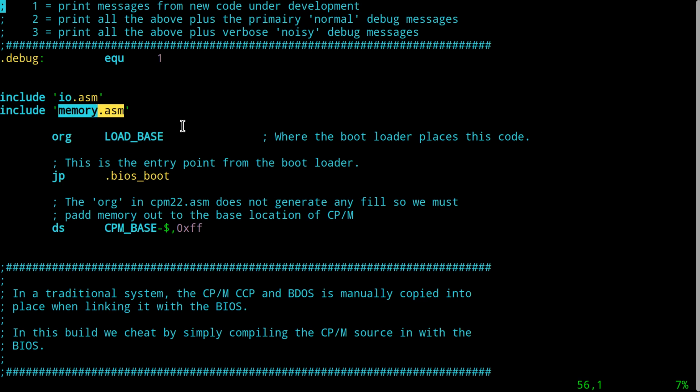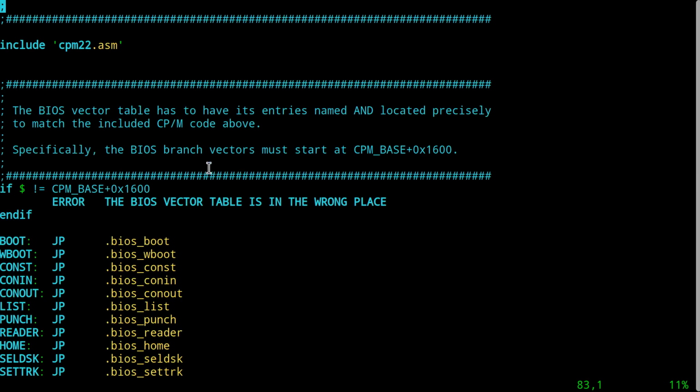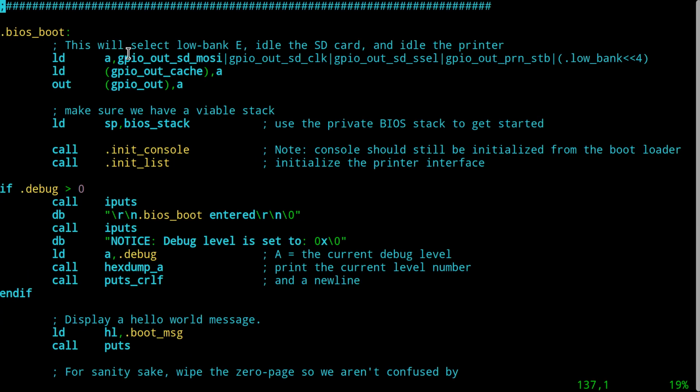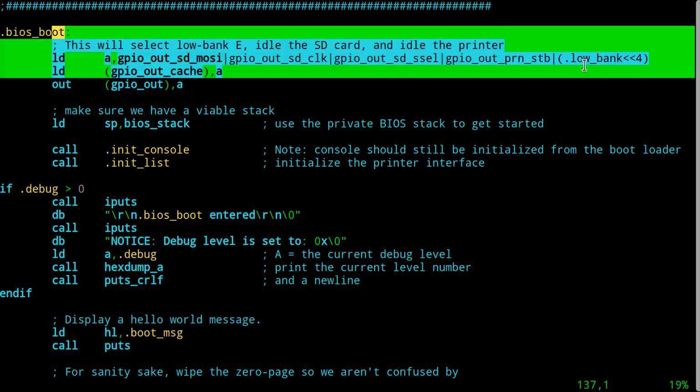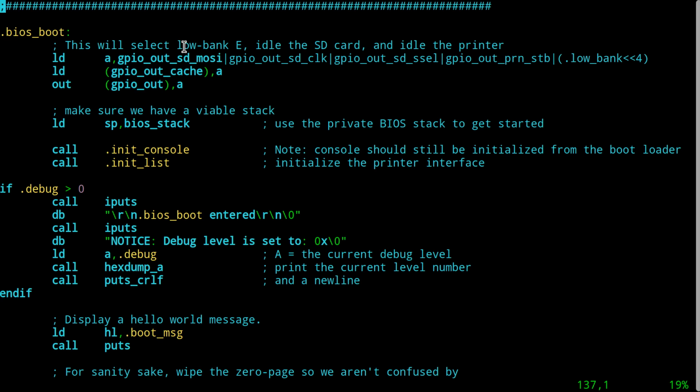When the flash is done loading it, it branches to the address at load base and starts executing. It runs into this jump instruction, which takes it down to this BIOS boot routine, the cold boot logic right here. I added a whopping line of code right here. Instead of selecting bank 0 and then proceeding, it's going to select bank 14 by doing this.